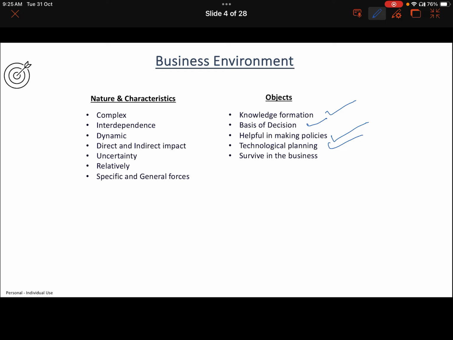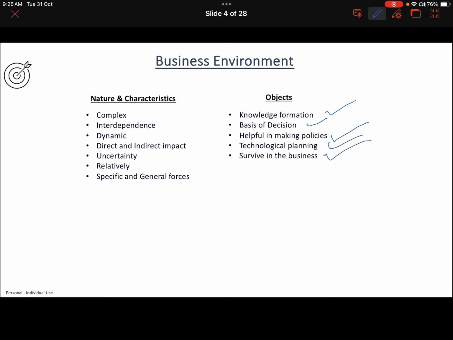Be clear, without technology, companies cannot grow now. So companies should always plan for the technological steps they should take, and business environment study is going to help in that. And the study of business environment is important to survive in the business.